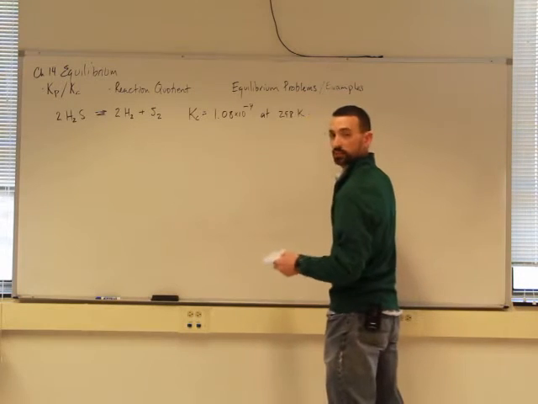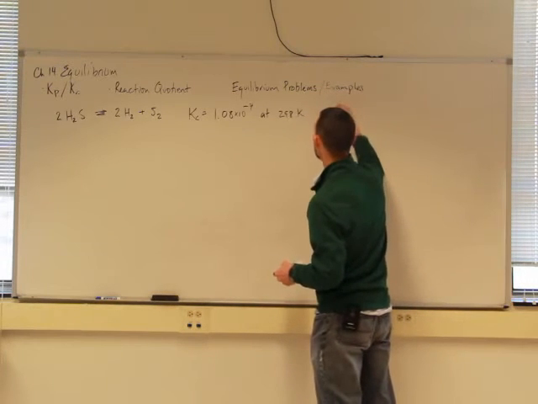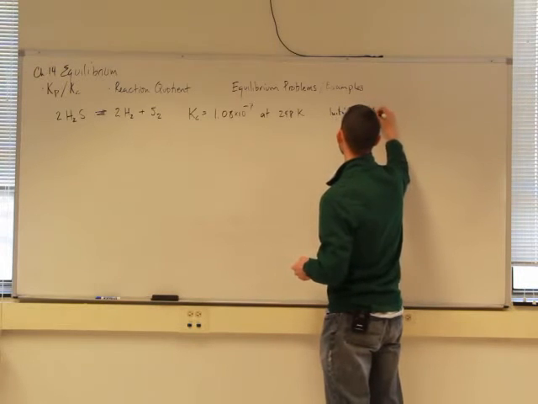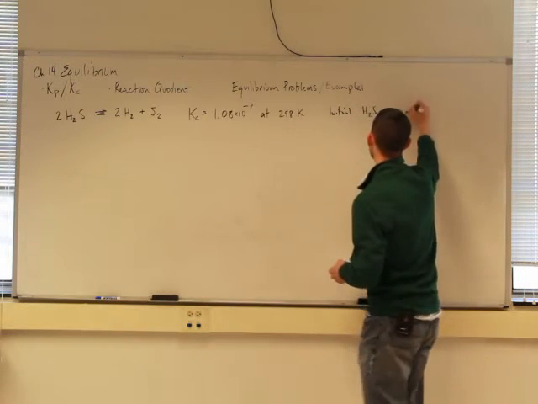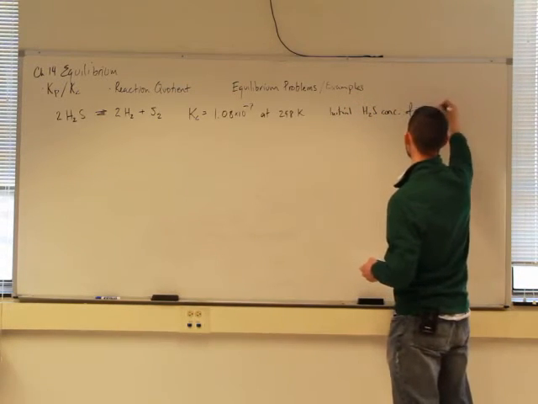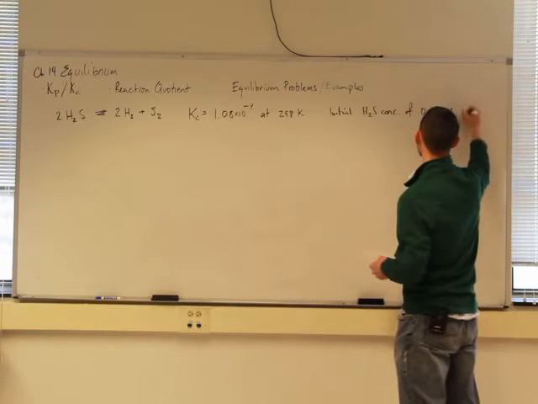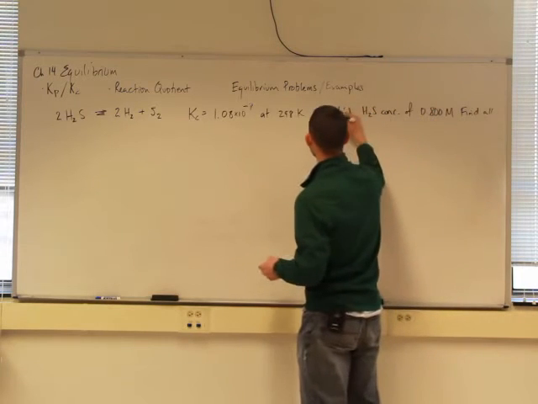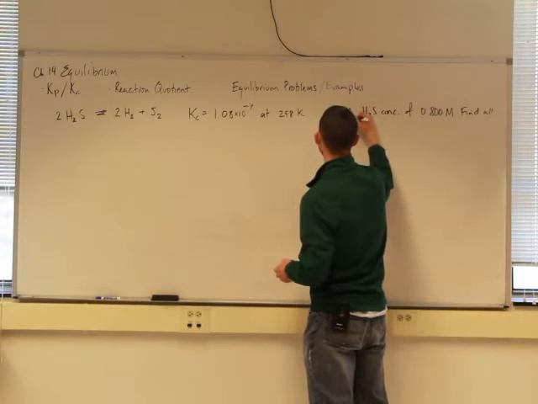Okay? Just as we had in the last problem, let's say we have an initial H2S concentration of 0.800 molar. Let's find all the equilibrium concentrations.